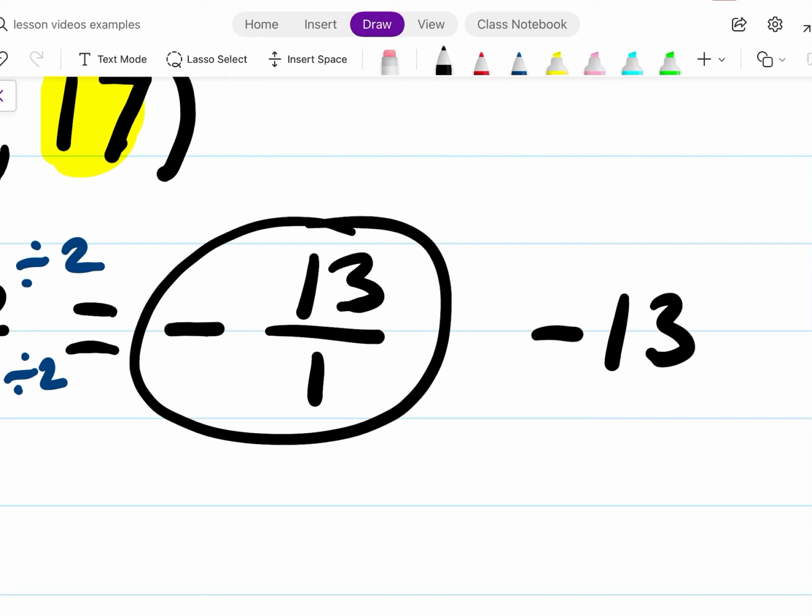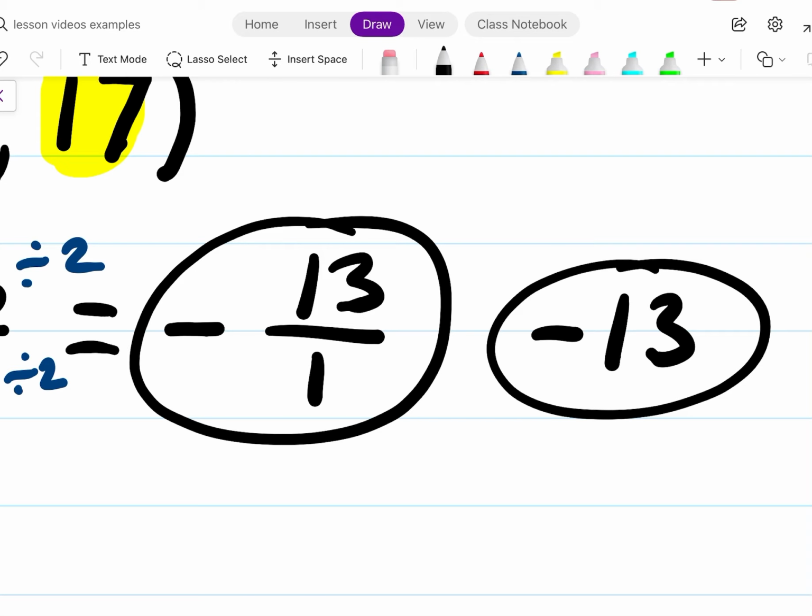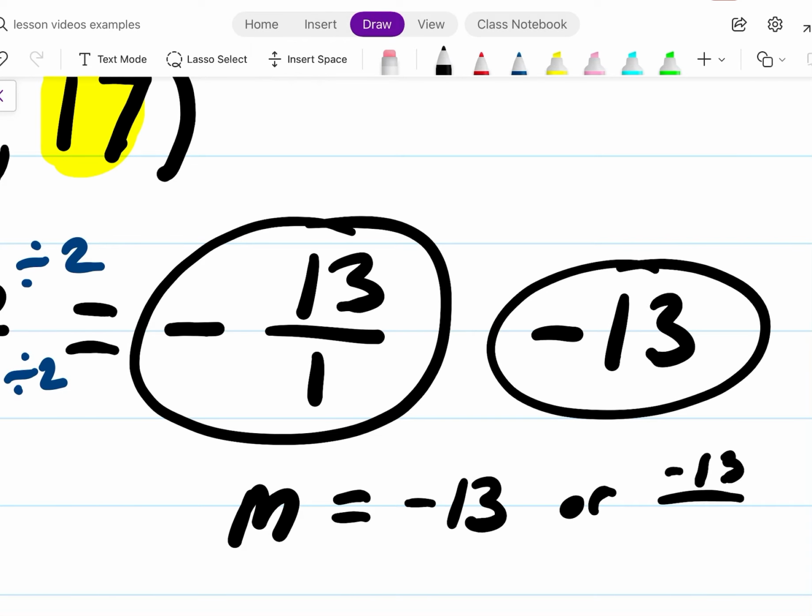Now, the letter that represents slope, if you're using y equals mx plus b form, is m. So m would be negative 13 or negative 13 over 1. And I usually attach the negative with the top number.